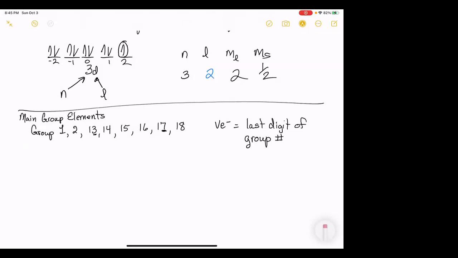For your transition metals, the valence electrons will always equal 2, except for group 6 and 11.